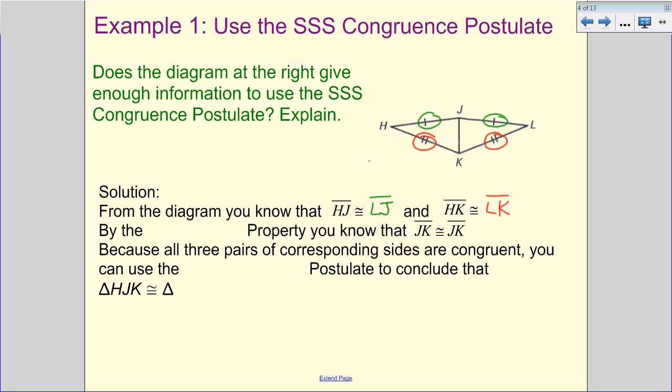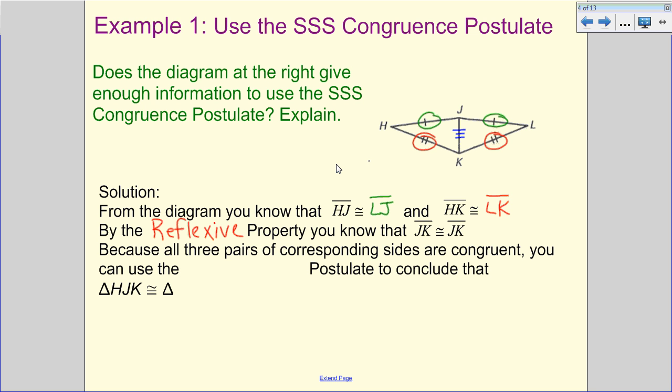K is at the end of the HK segment, so K is going to be at the end of the LK segment. And then by the reflexive property, we know that JK is congruent to JK. This third side is the same in both triangles, but we know that it's congruent to itself because of that reflexive property, which is why it is so important for us to learn those in chapter 2.